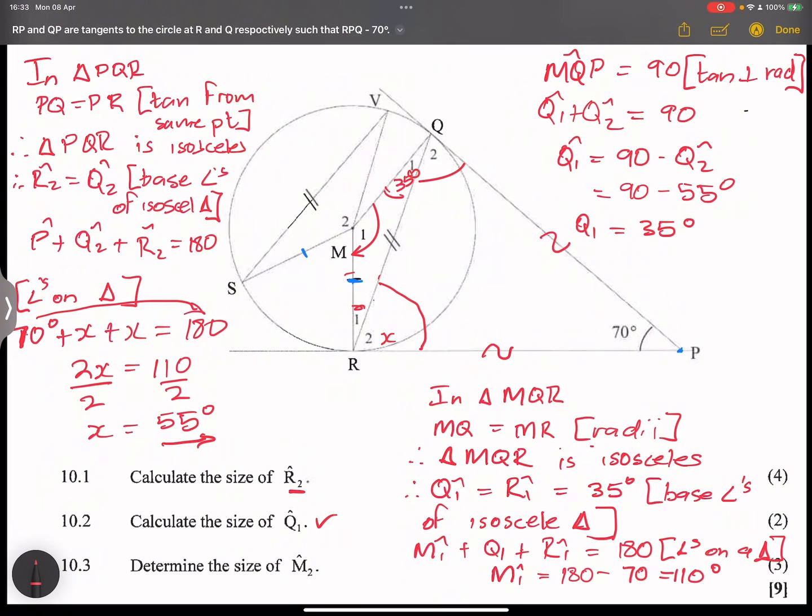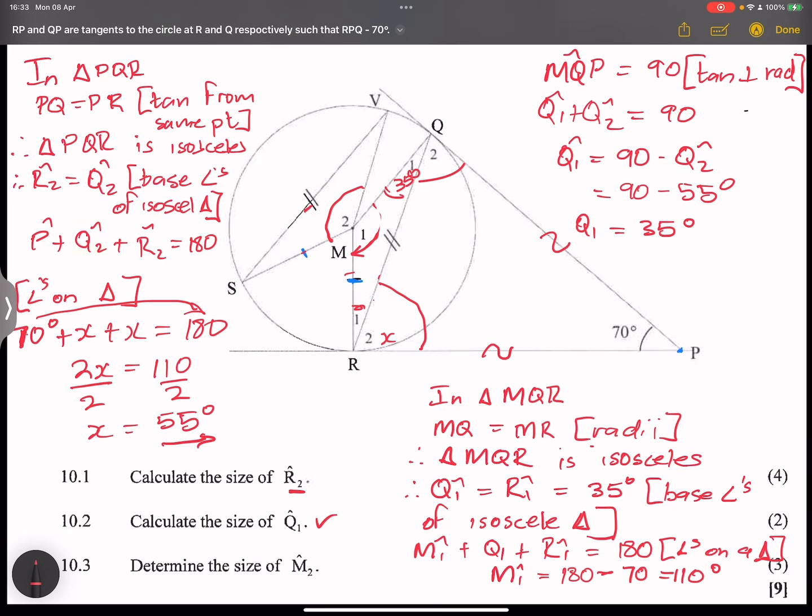Now, ladies and gents, please note, we said those angles were 35 degrees, so both of them made 70 degrees, and so M1 is 110. But please do note that M1 is equal to M2. Now note, we do not say they are vertically opposite. Remember, these two are not straight lines. However, these are angles subtended by equal chords. So please remember that, okay?